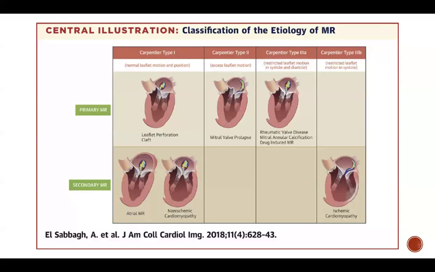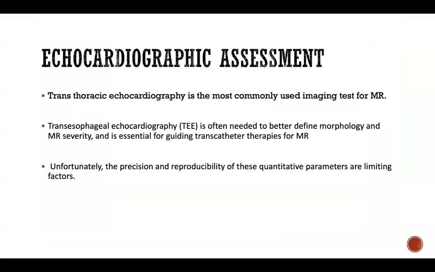While secondary mitral regurgitation could be due to dilated cardiomyopathy, ischemic cardiomyopathy, or the new entity, atrial mitral regurgitation, as part of secondary mitral regurgitation. So this was a brief introduction to the core of the topic, which is echocardiographic assessment of mitral regurgitation.